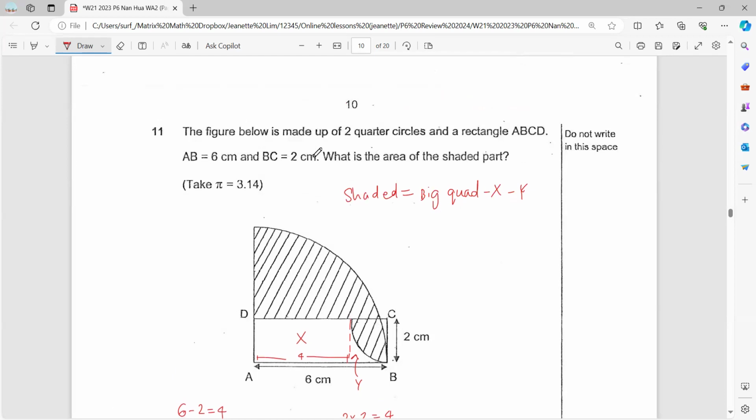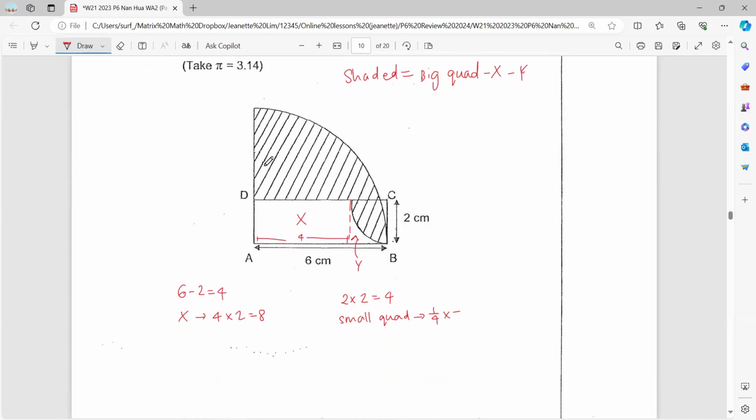Pi is 3.14. Times radius times radius. Okay, so 2 times 2 is 4. 4 times 1/4 is 1. So the small quadrant is 3.14.